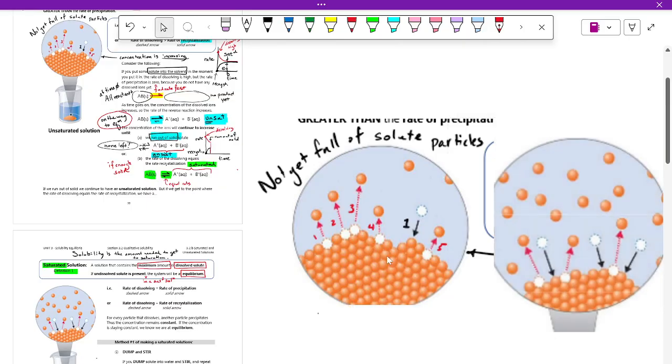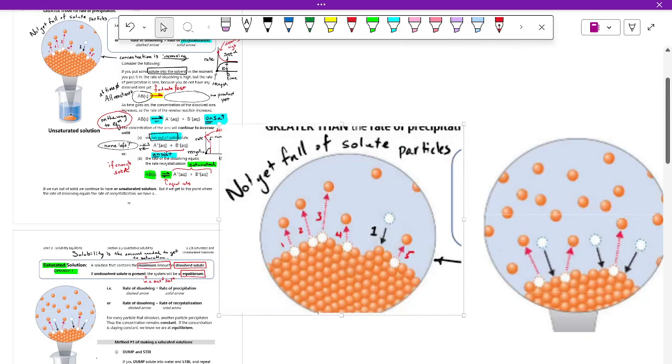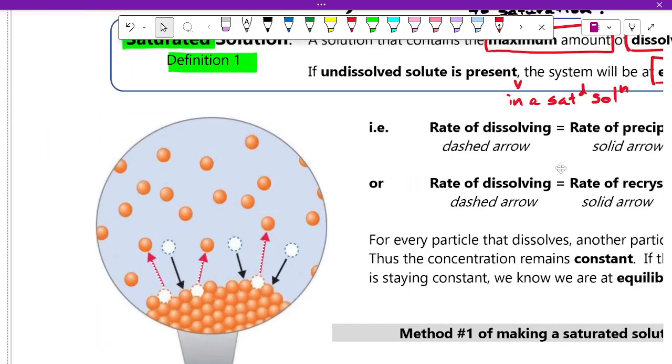Now you can see them side by side. What can you say about the amount of solute in each of them? Where is the amount of solute dissolved greater? On the right-hand side, there's a lot more dissolved particles, yes? So we have reached saturation. It is full with ions now. Could you put any more ions in there? No. Okay, so we can write down here that this solution is full of ions.